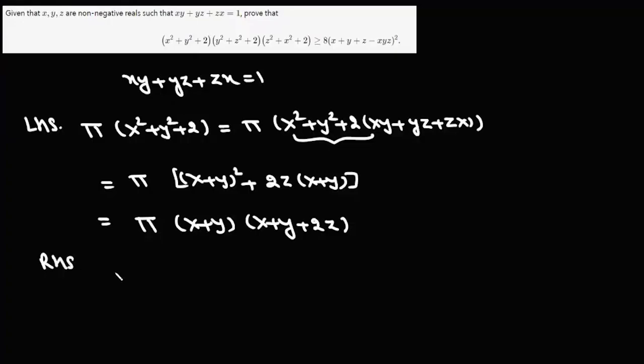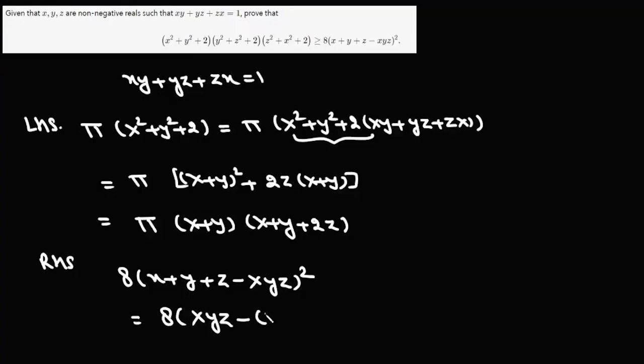Now this right hand side is 8 x plus y plus z minus xyz whole square. Now we can also write this as 8 and this is xyz minus x plus y plus z whole square, and we'll consider this 1 here, then we can write xy plus yz plus zx whole square.